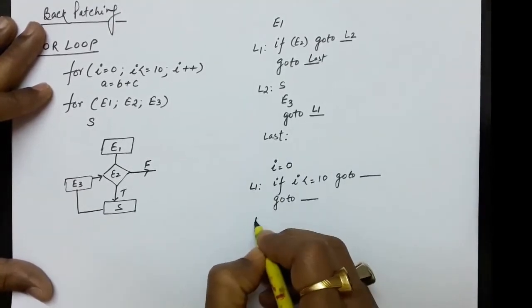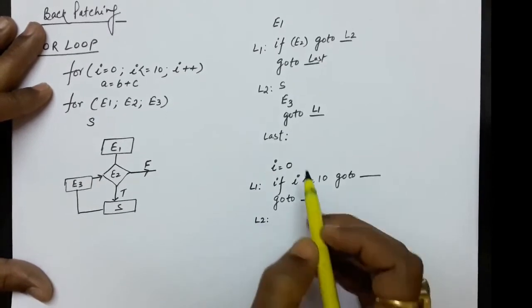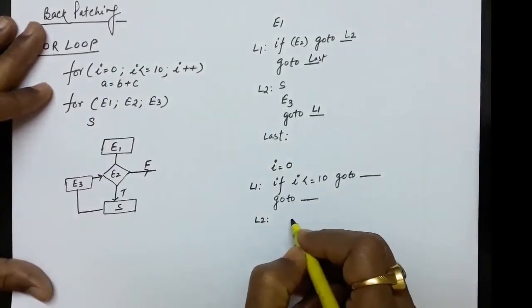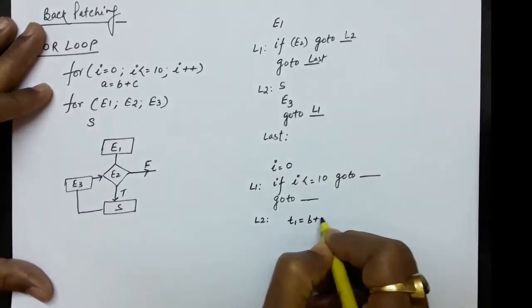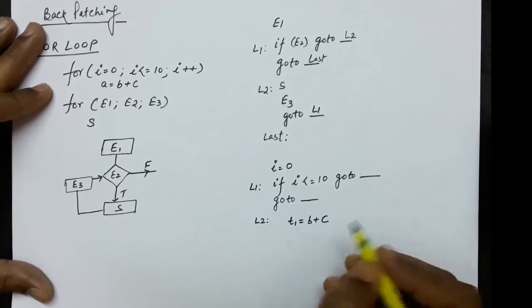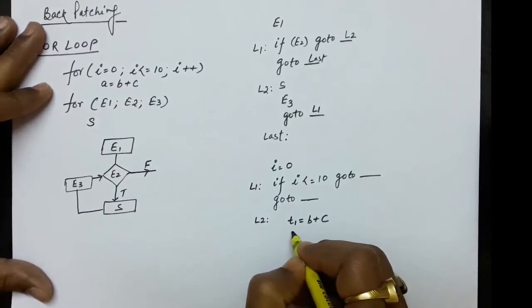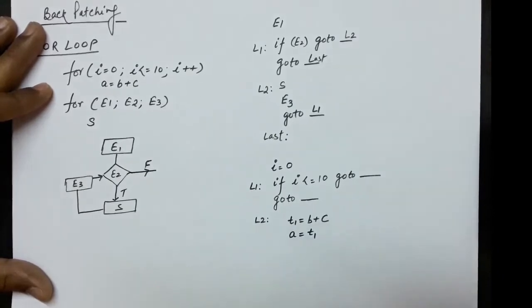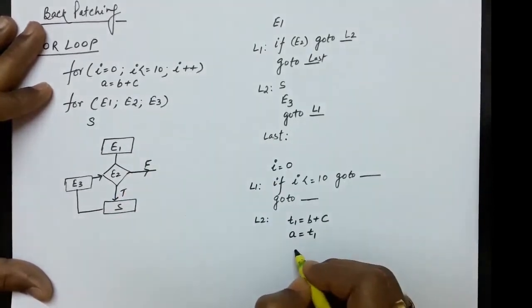If this condition is true, let's say at L2 level, we have to do this A equals B plus C. So for performing A equals B plus C, we have to write three address code. So T1 equals B plus C. And then in the second step, the value of T1 is assigned to A. Then we need to do this I equals I plus plus, which is actually I equals I plus 1.